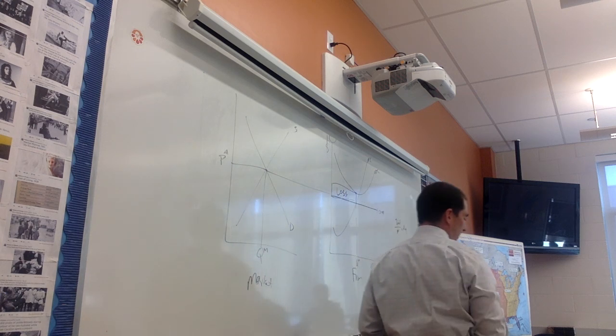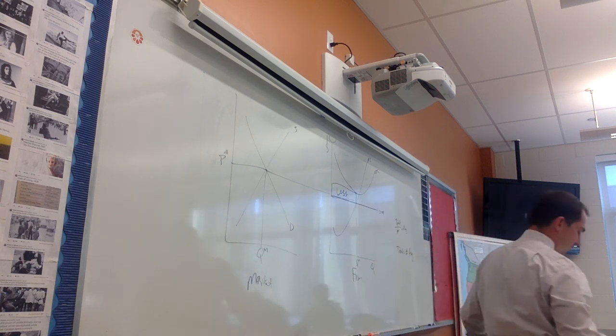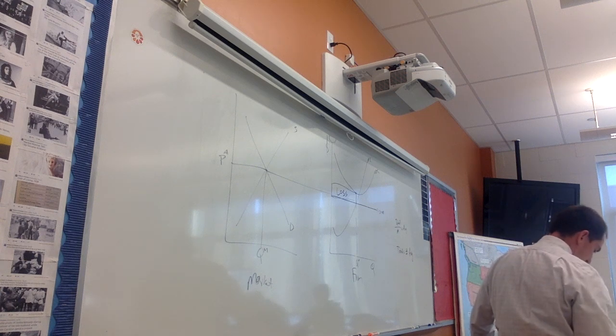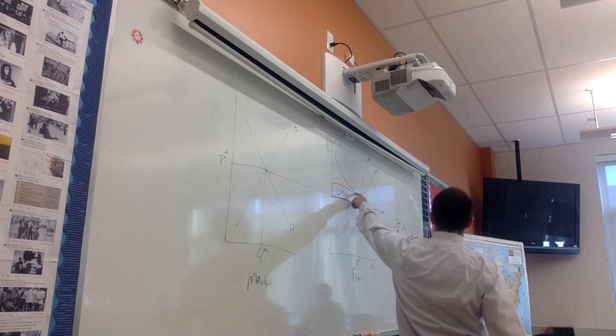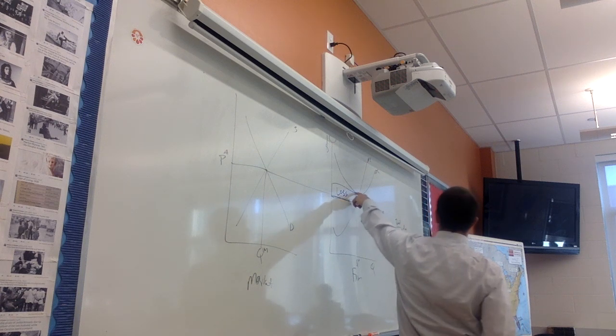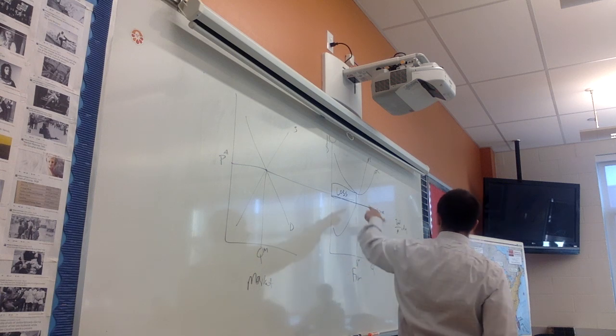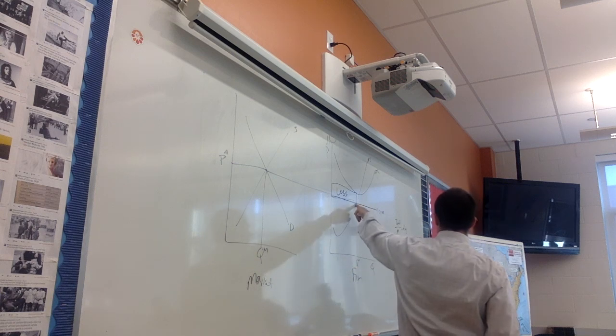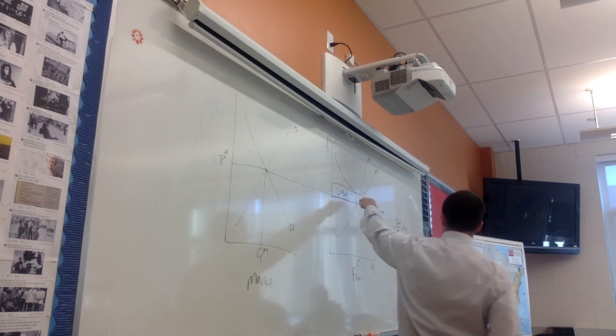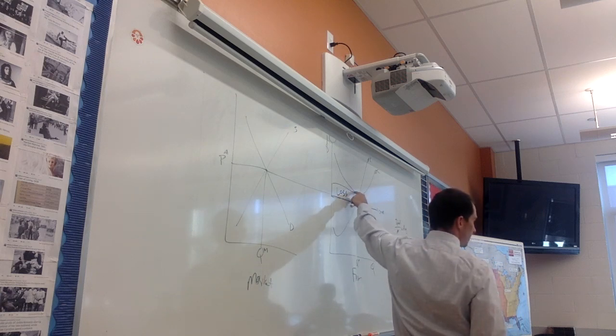Is a firm producing at a loss? The average total cost curve, and thus the total cost at the profit maximizing quantity, is higher than the price or demand curve. Same exact concept as a profit, except this is higher.